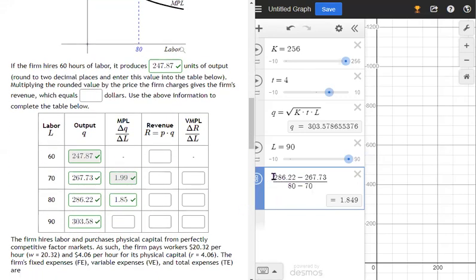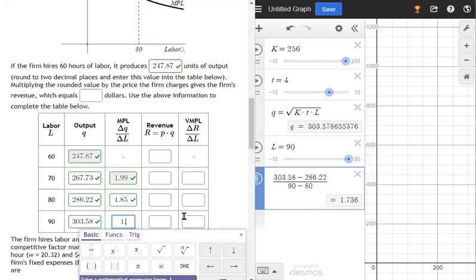And then finally, we have the values for when labor is 90. So when labor hours is 90, output is 303.58. When labor demand was 80, output was 286.22. And so when we round this to 2 decimal places, we get 1.74.